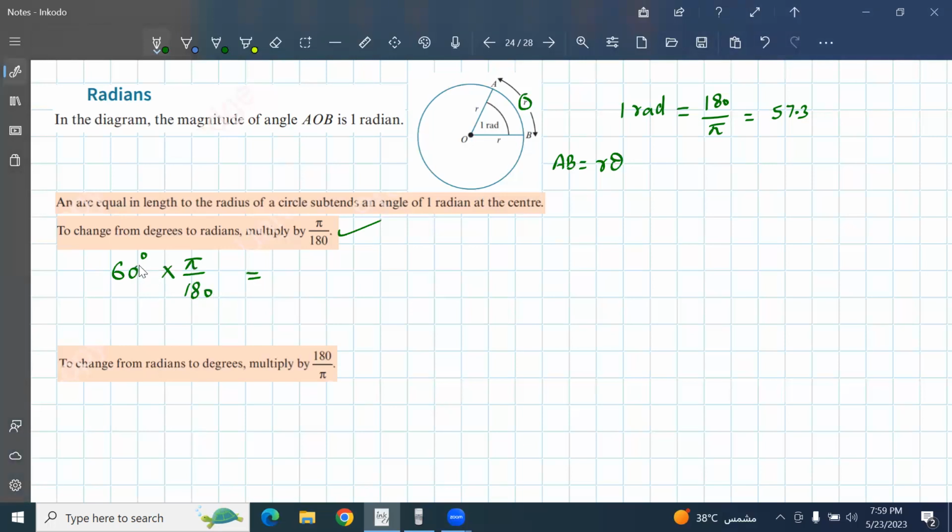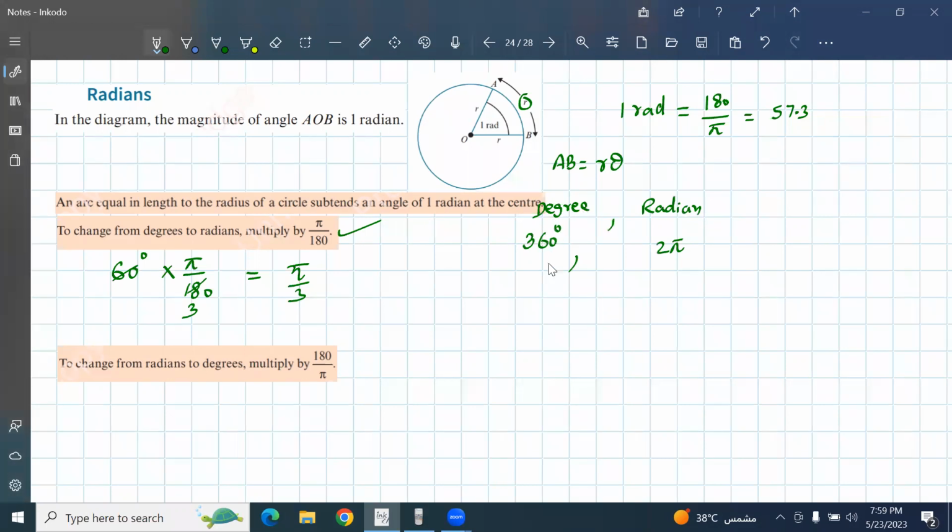This is equal to 60 multiplied by 3, so which is equal to pi over 3. So remember that when we say full circle, we have 360 in degree. But in radian, we will say it is 2 pi.